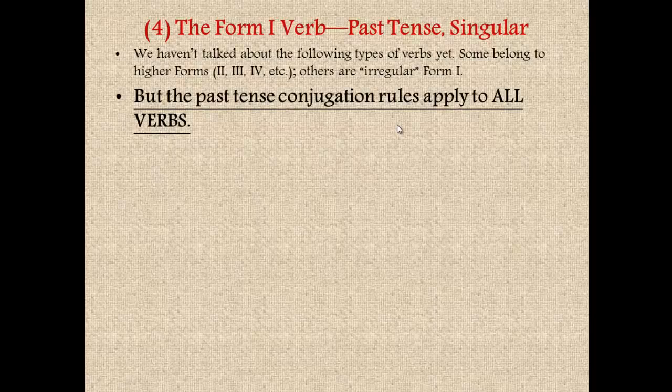So if you add a ta with the sakina to the end of a past tense verb, you're conjugating for hiya. If you add ta maftuha, a ta with a fatha, you're conjugating for anta. If you add a t, you're conjugating for anti. And if you add a tu, you're conjugating for ana.